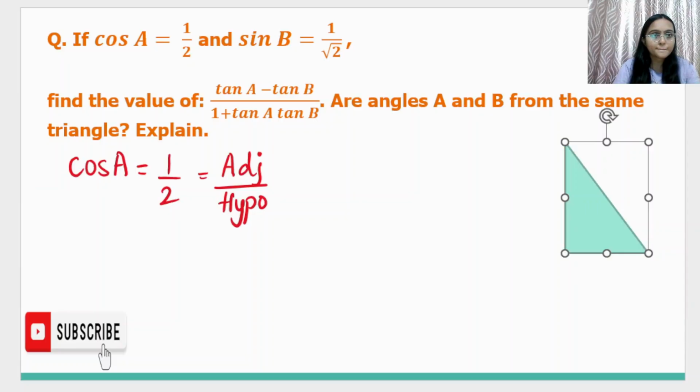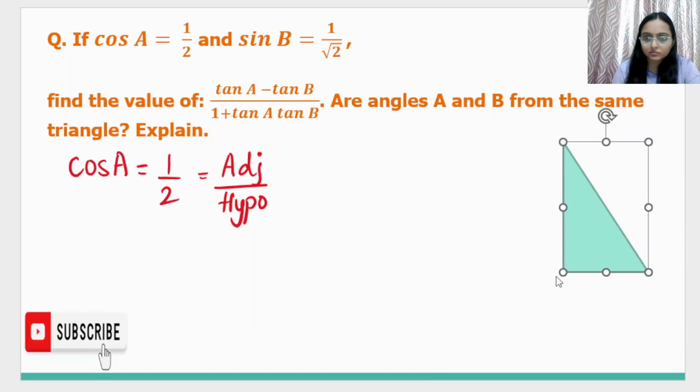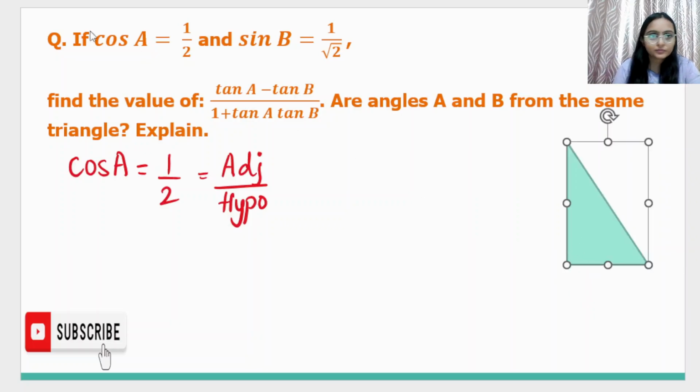Okay, so let's label this as A, B, C, because I want A as the other angle rather than the 90-degree.